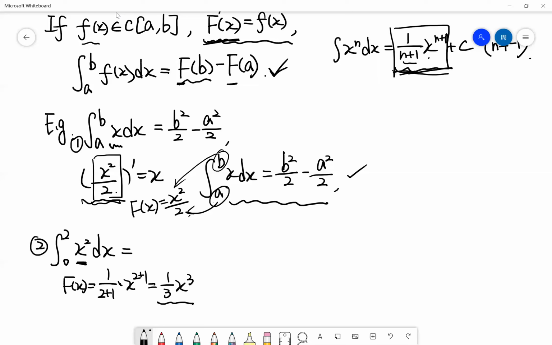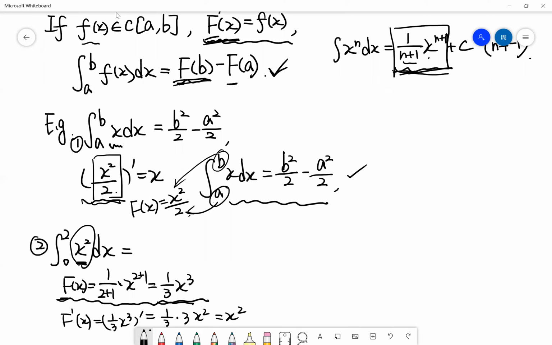And you can check, capital F prime equals 1 by 3 x cubed prime equals 1 by 3 times 3 x squared, that is x squared here, right? So it is one of the antiderivatives we want as capital F.